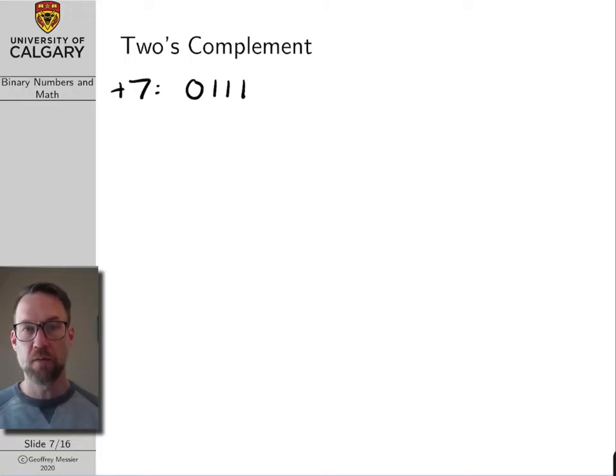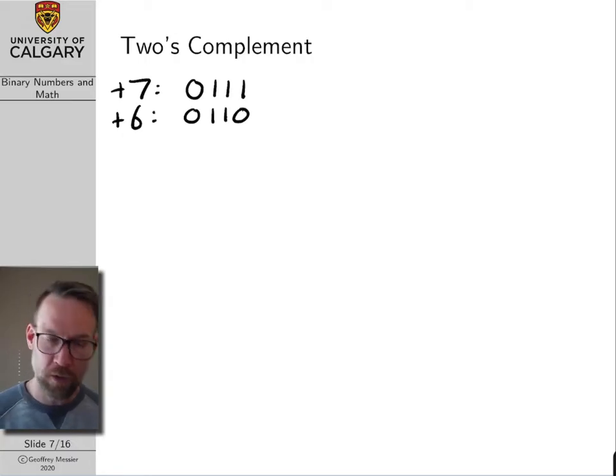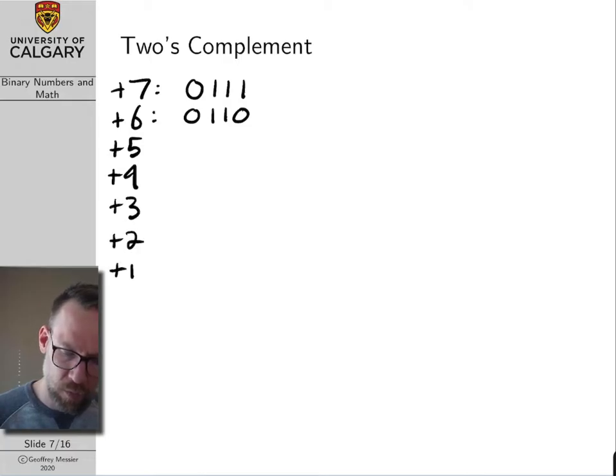That's why the maximum positive value is +7. +6 is 0, 1, 1, 0, just like a regular unsigned number. Then we can go down to +5, 4, 3, 2, and 1. And it progresses as you would expect.